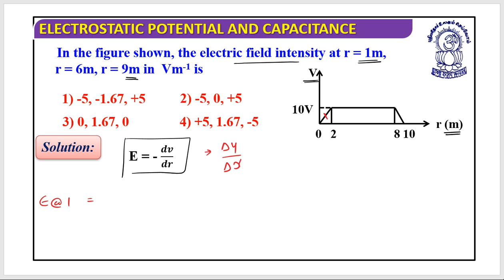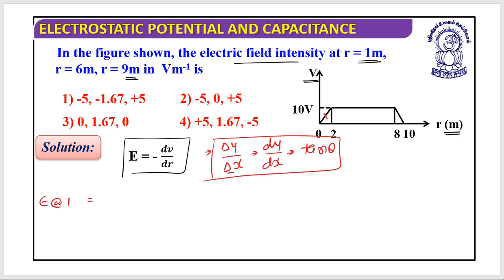First option delta y by delta x. Second option dy by dx. And third option tan theta. I'm sure you have studied this in class 11. This is just for revision purpose.